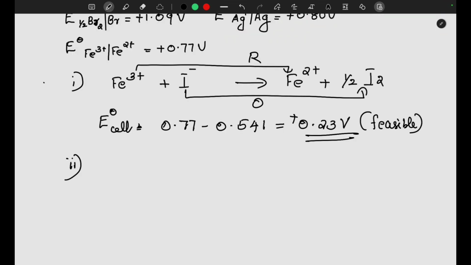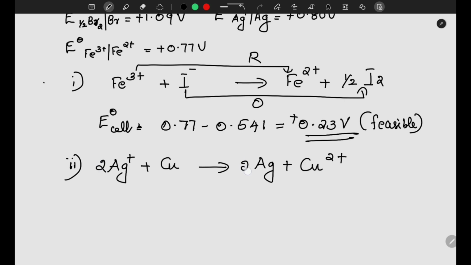Now second case, we have to check the feasibility between Ag+ and copper. Ag+ and Cu gives Ag and Cu2+. Now let us balance the equation for Ag+. So Ag+ is undergoing reduction and copper is undergoing oxidation.